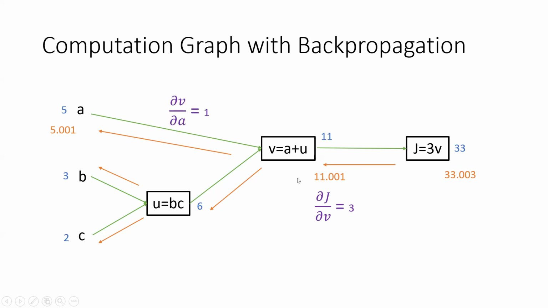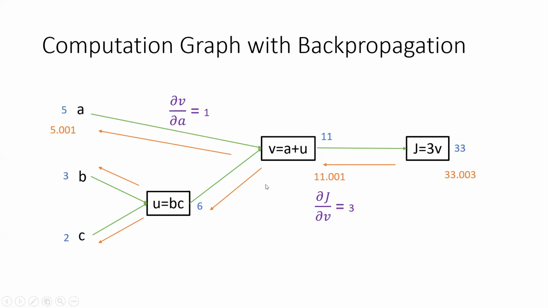When 5 is increased by 0.001, the 11 is also increased by 0.001. Because of that, ∂V by ∂A is 1.